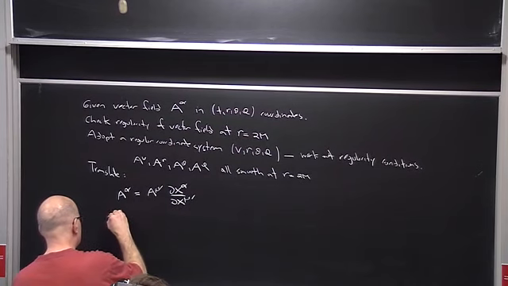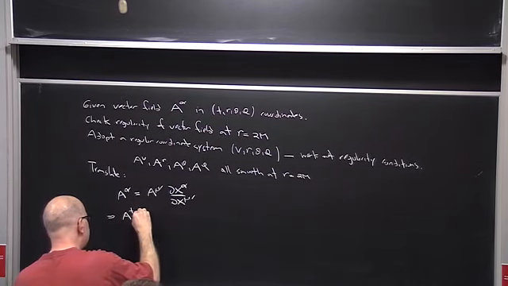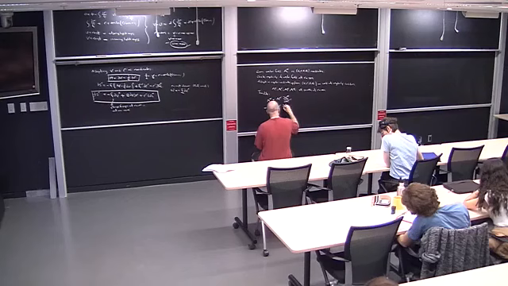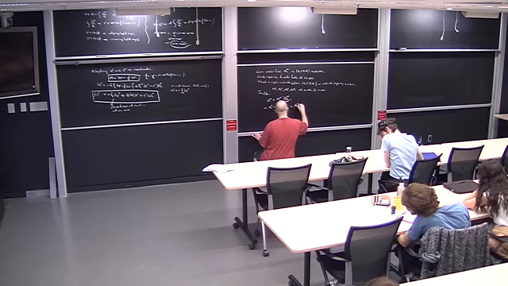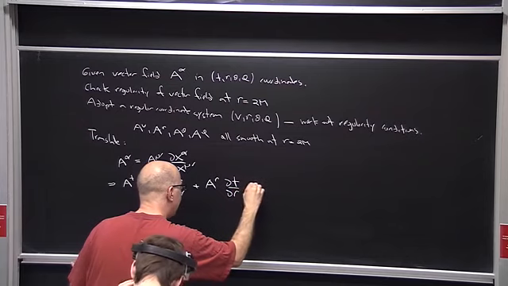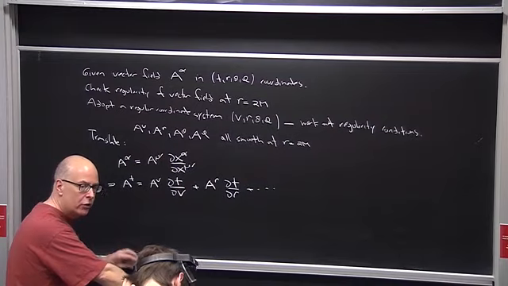So in particular, A_t will have to be given in terms of A_v times the derivative of t with respect to v, plus A_r times the derivative of t with respect to r, plus the other terms corresponding to the angular components.